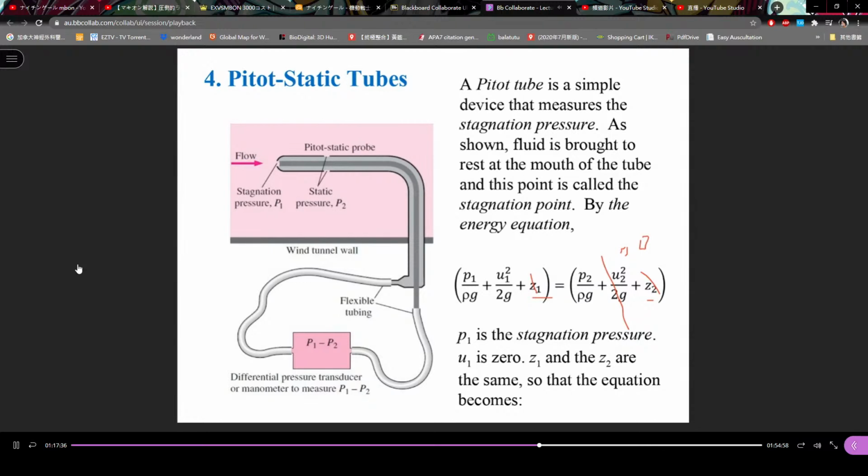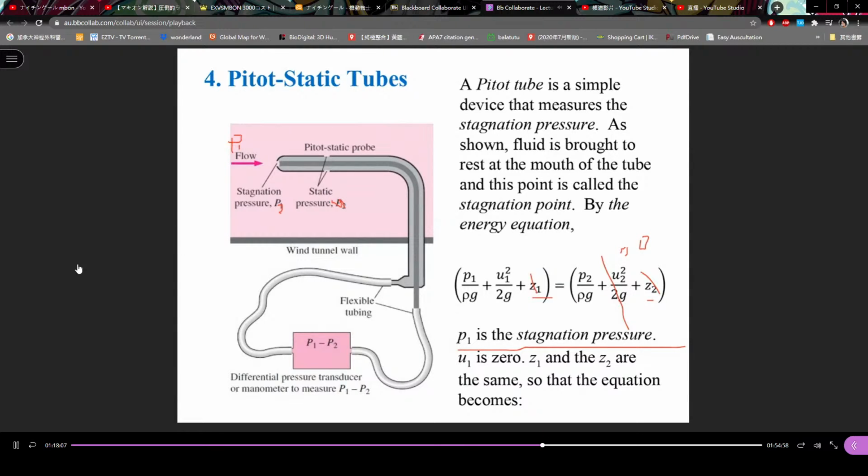Say P1 is stagnation pressure, and here I think I used the wrong one. So this one should be P2. P1 is here. I think something is wrong here. Anyway, P1 here, P2 here.